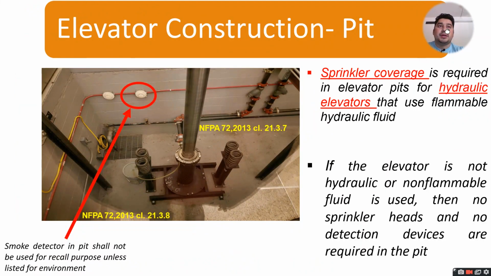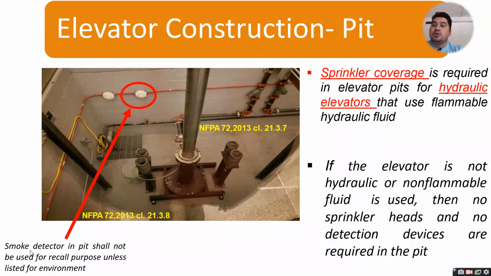Now, the elevator construction pit: how the elevator pit should be constructed. Sprinkler coverage is required in elevator pits for hydraulic elevators that use flammable hydraulic fluid. If there is flammable hydraulic fluid in the hydraulic elevator, there should be sprinkler coverage.